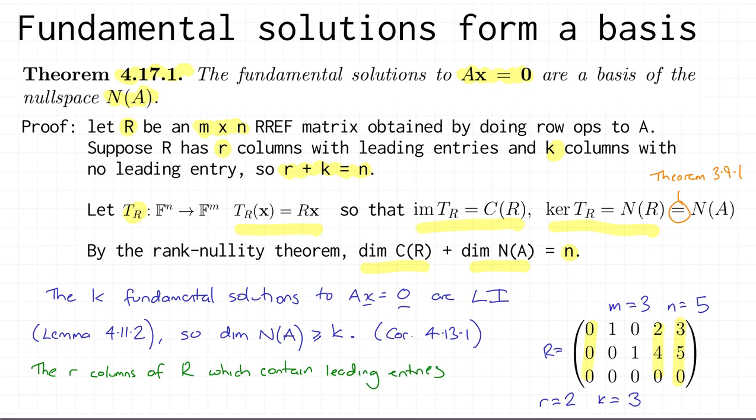Well, remember, R is in row reduced echelon form, so those columns are actually standard basis vectors. They have a 1 in one position and zeros everywhere else.